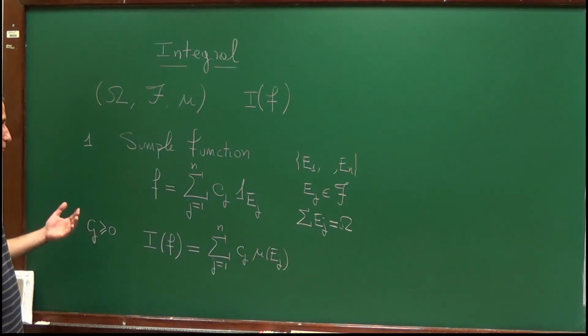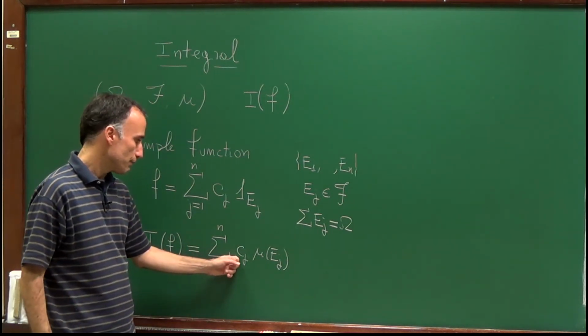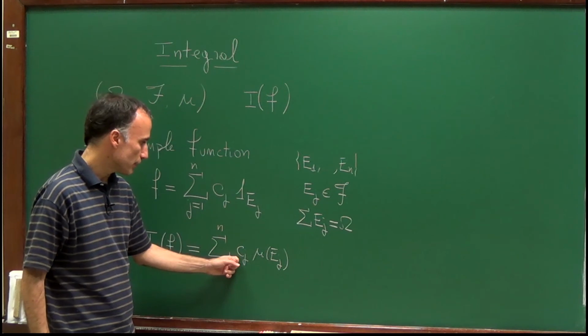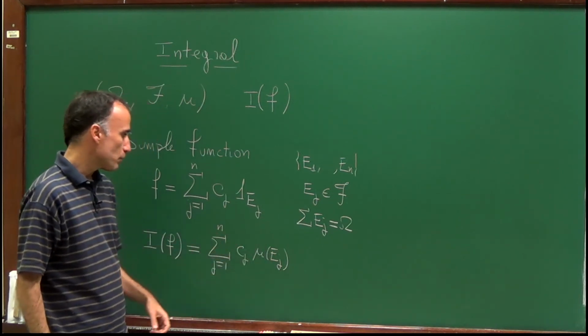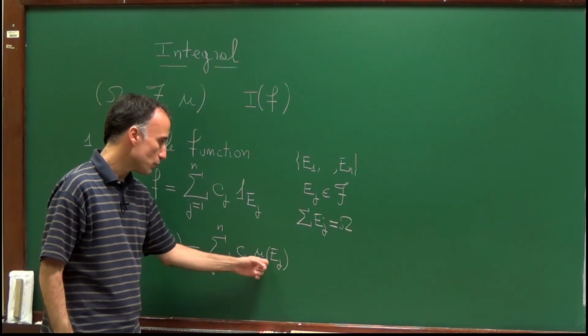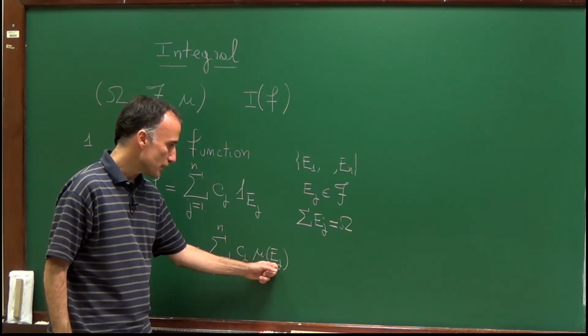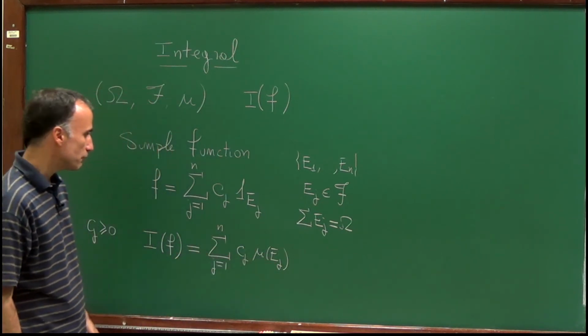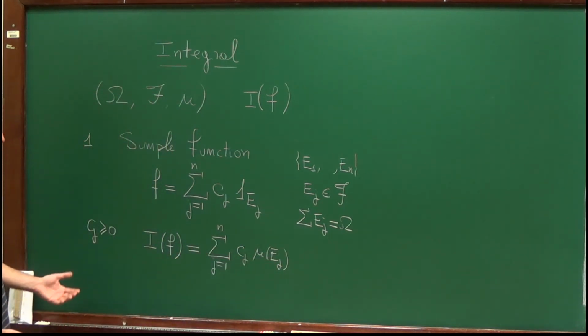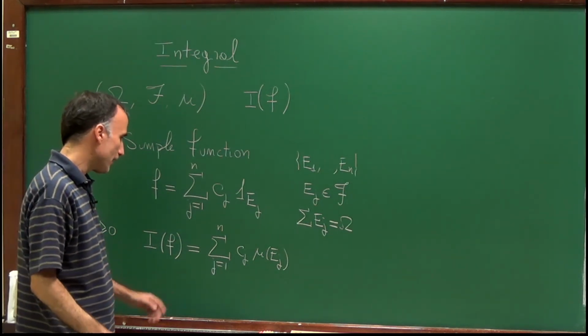And observe that this sum is well defined because all constants Cj are non-negative real numbers. It might happen that this sum is equal to plus infinity, that you have more than one term which is equal to plus infinity, because the measure of a set Ej can be equal to plus infinity. However, this is always well defined.